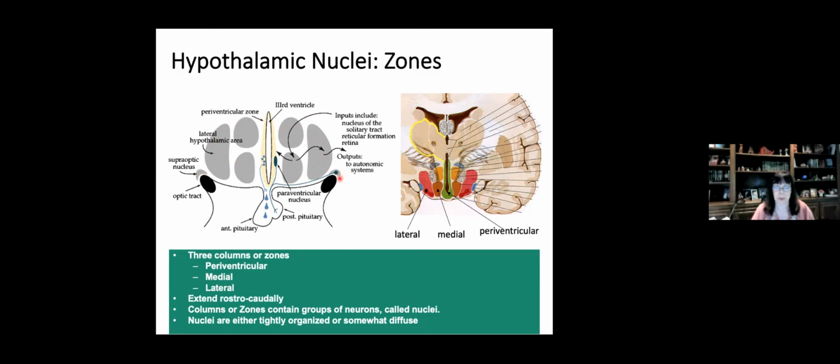A good example is the supraoptic nucleus, which is just above the optic tract. Then there's a nucleus we're going to talk about in a little bit called the suprachiasmatic nucleus, and that's just above the optic chiasm. So they were very smart in naming these nuclei. Naming the nuclei doesn't tell you exactly what they do, it just tells you where they are in space.